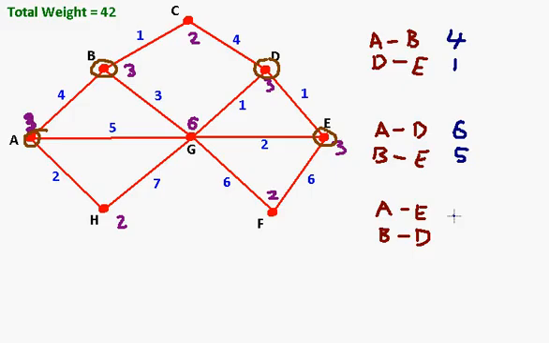Or we could have A to E, and the quickest route for that would be 7, going from AGE or AGDE, same thing. And B to D will be 4, going via G. So BGD is 4.